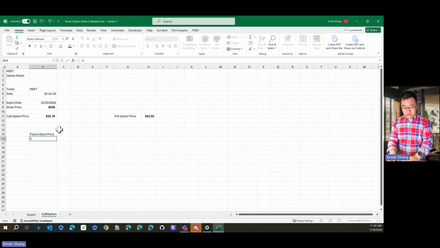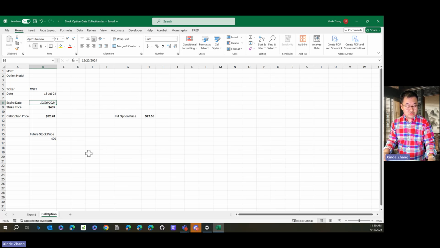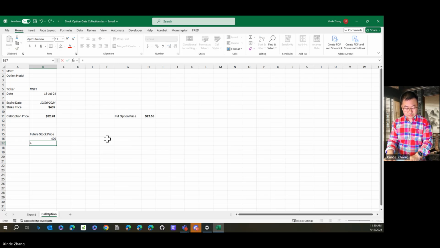So I start with 400 as the future stock price by the time of the strike, December 20th. Could be 400. It could be 405. And so I use $5 increments here, and I keep it all the way down.